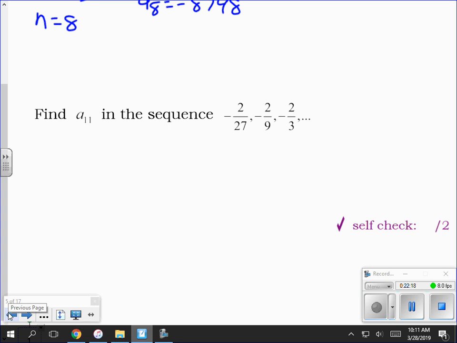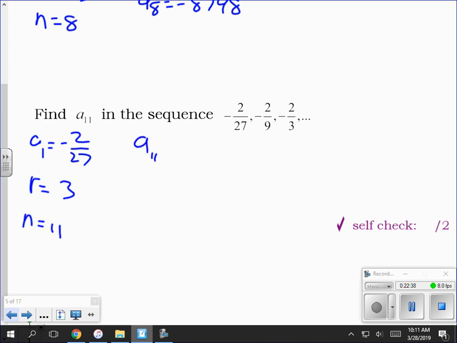So this one, find the 11th term. The first term is -2/27. R in this case is +3. And N is 11.